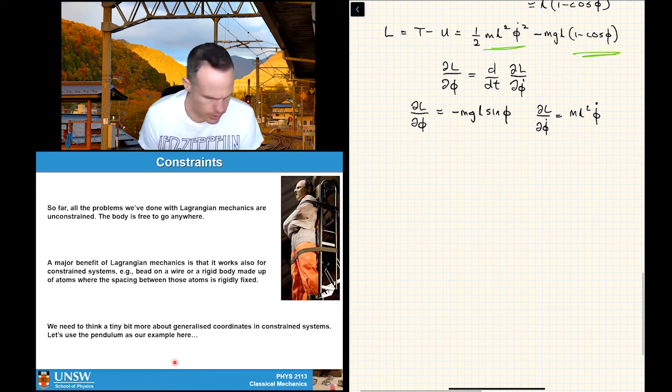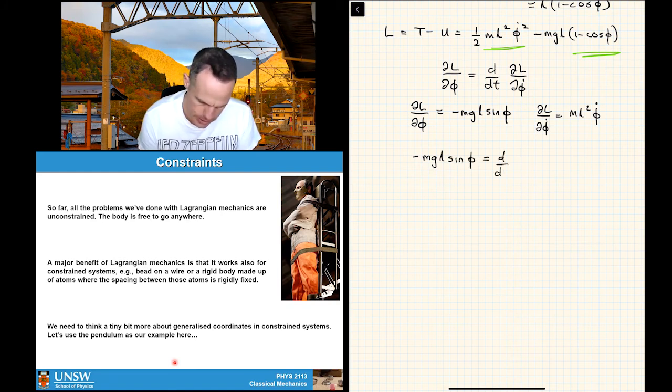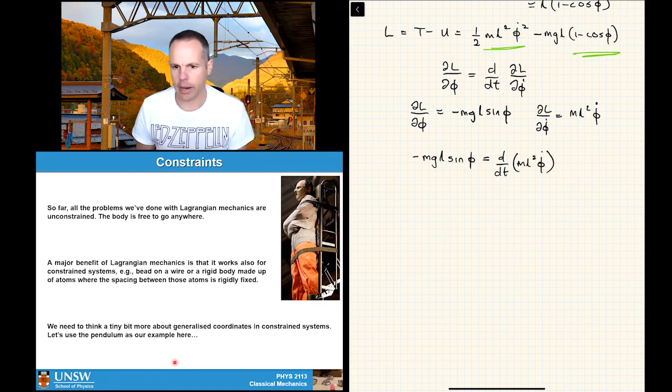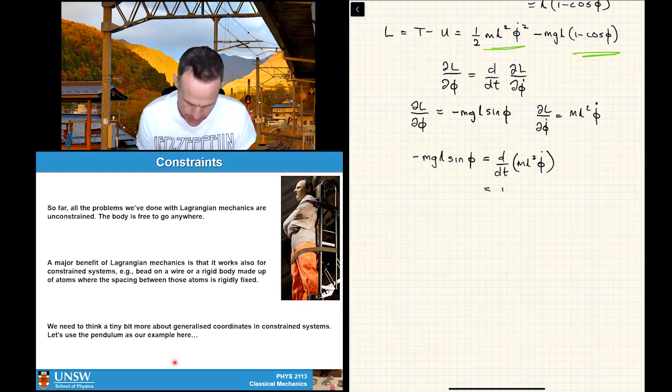So now we can pull this all together and write our Lagrange equation. So minus mgL sine phi is equal to d on dt of mL squared phi dot. And then, of course, in this particular case, m's a constant, L's a constant, phi is the only thing time dependent. So this will be mL squared phi double dot. Okay.